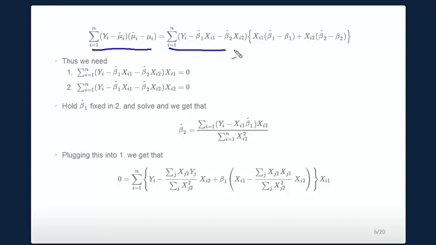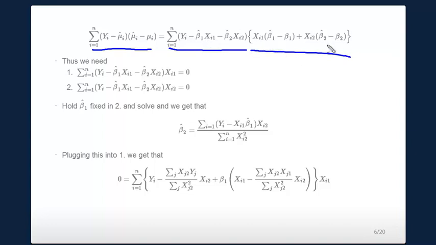Now let's plug in what mu_i and mu_i hat are, and you wind up with this statement right here: y_i minus beta 1 hat x_i1 minus beta 2 hat x_i2, times this guy.